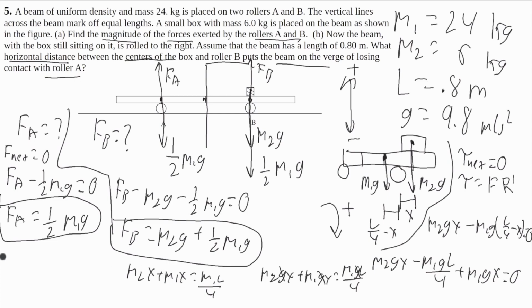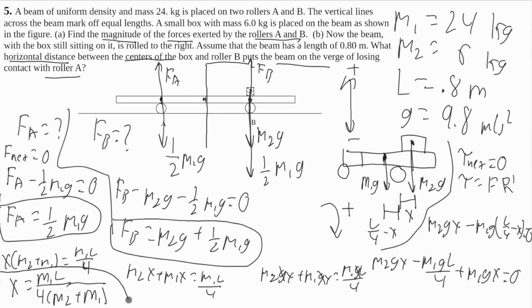Now I'm going to factor out x, and I'll get x times (m2 plus m1) is equal to m1L over 4. So x will be equal to m1L over 4 times (m2 plus m1). And that is your final answer. Thank you for watching.